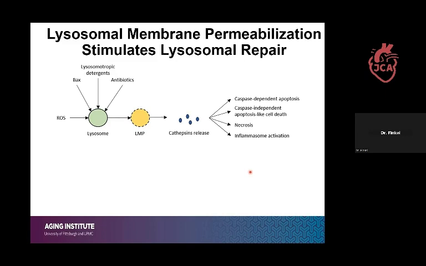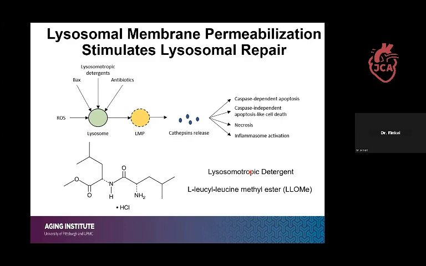That lysosomal membrane permeabilization, damage to the lysosomal outer membrane, is sensed by the cell to either remove the lysosome by lysophagy or to repair it by recruitment of the ESCRT subunits. Because if it doesn't do that, there is a release of all of these damaging enzymes like cathepsins, which can rapidly induce lysosomal dependent death in the cell.